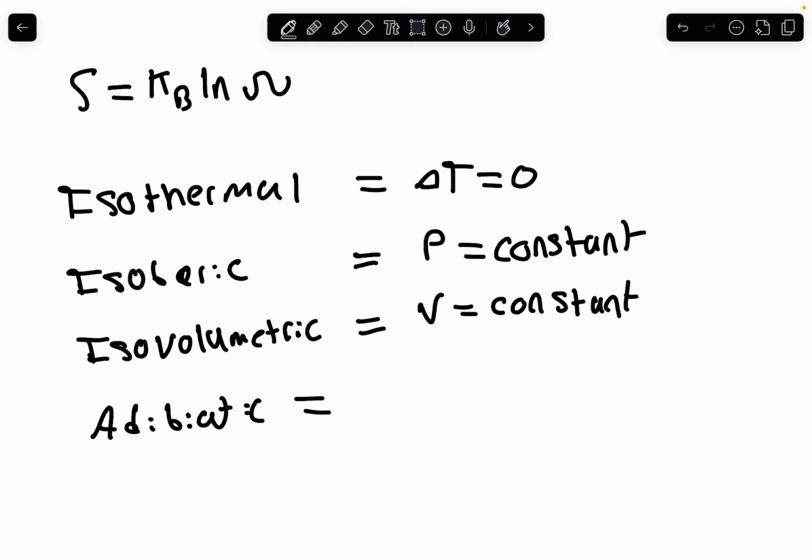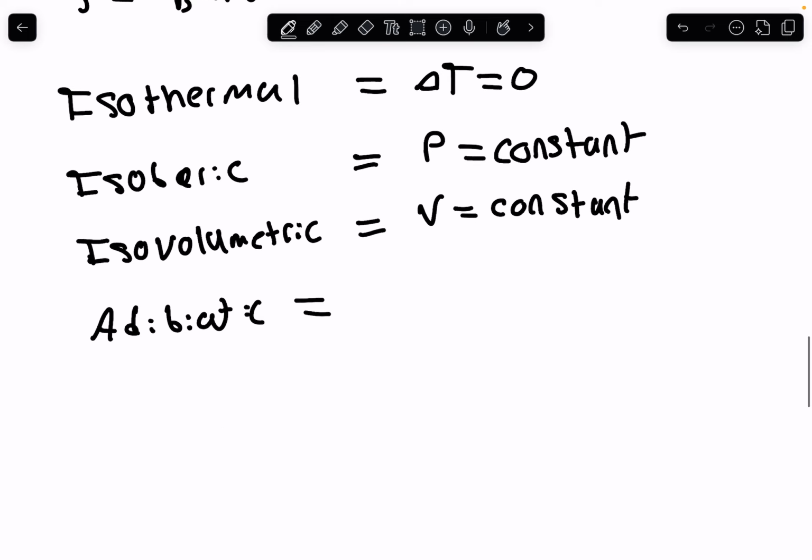Well, this is the adiabatic process. This process is similar to isothermal, but the only difference is that no heat energy is supplied. So in order for this process to occur, it has to be done very fast, because we don't want heat exchange.